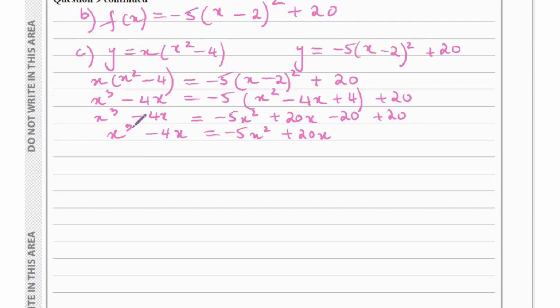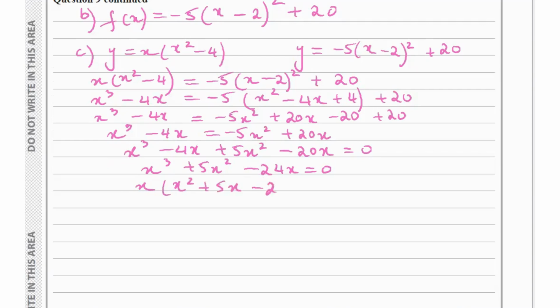So move everything on one side. So x cubed minus 4x plus 5x squared minus 20x equals 0. So that's going to be x cubed plus 5x squared minus 24x equals 0. We can take x common. So x times (x squared plus 5x minus 24) equals 0.